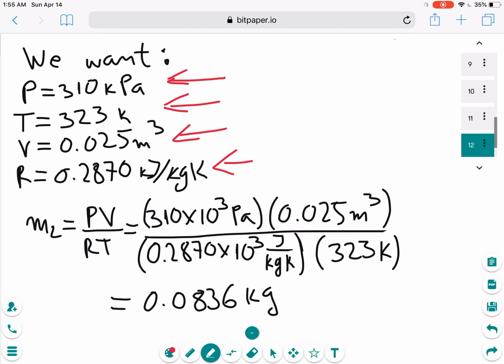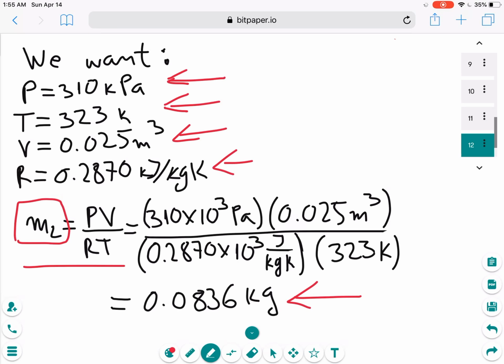So if we are going to create those conditions, we're going to have to calculate what the mass would be in order to have those conditions. So then we just plug in these parameters into the equation. Again, we isolate the mass, of course, and then we plug in the parameters, and we get 0.0836 kilograms.